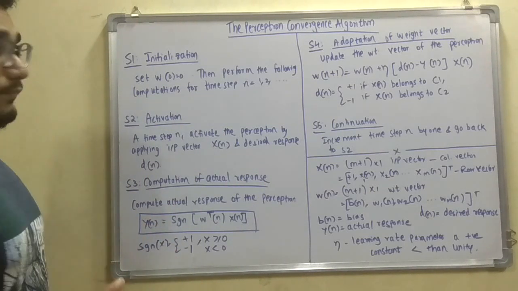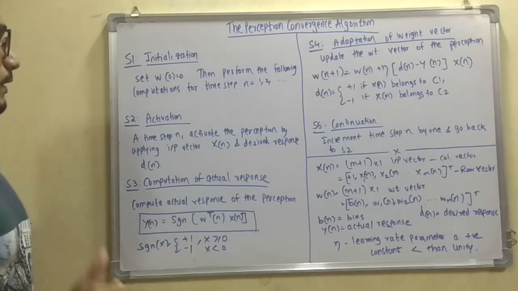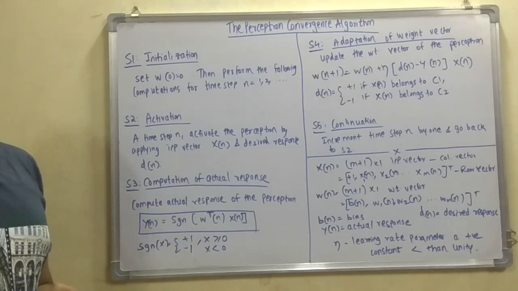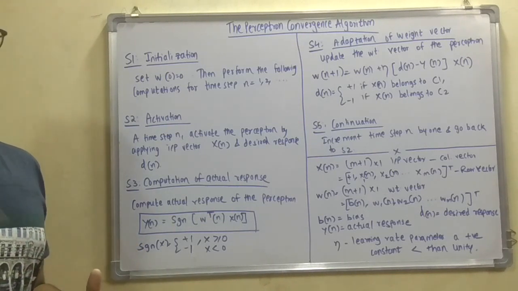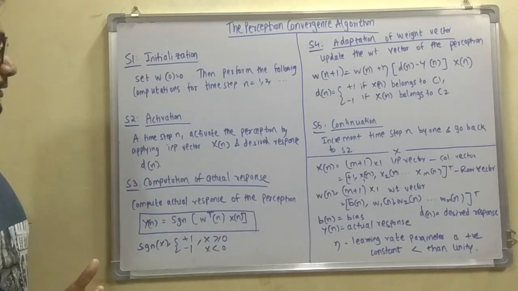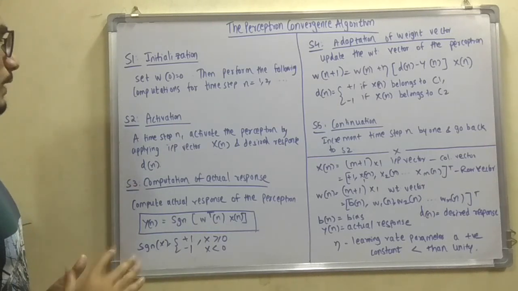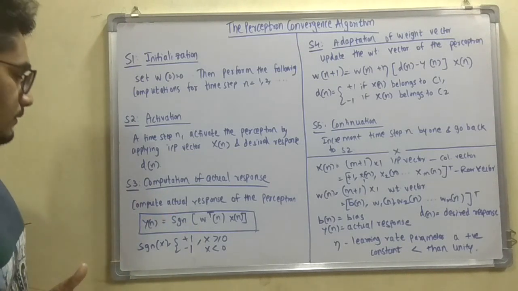After you complete step 2, let's move on to the computation of the actual response. First we did the initialization by initializing all the weights to 0. Then at step n we did the activation. Now we do the computation of the actual response.